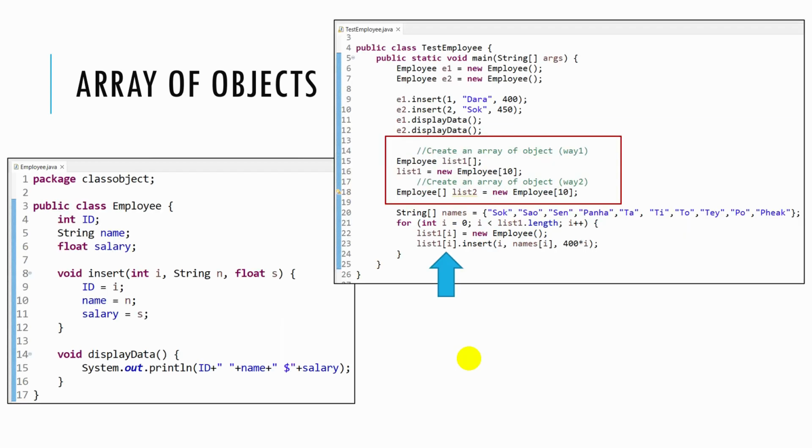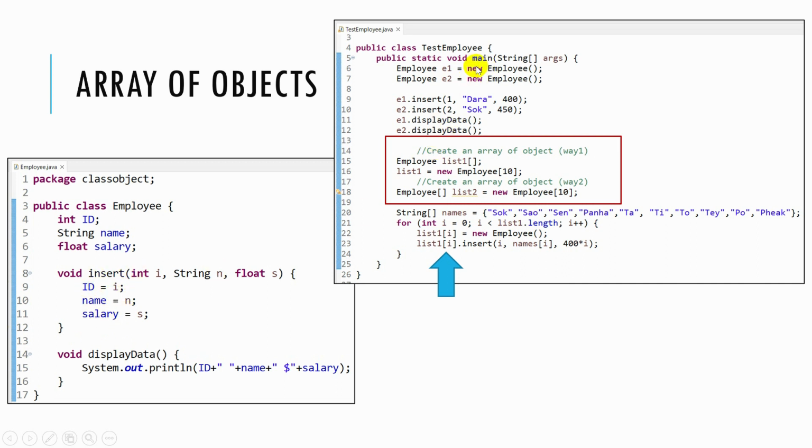For example, you create the class Employee on the left side. You can see what the class name is, how many variables it has, and how many functions or constructors it has, right? Three variables and two functions, insert and display data. And we have one hidden, or default, constructor.